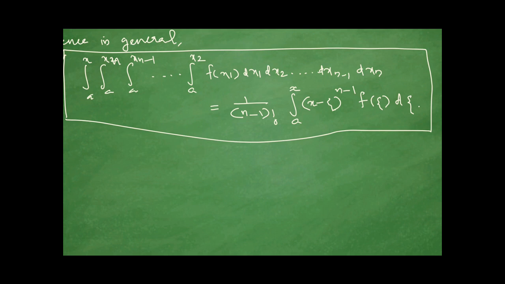On the left side we integrate the function from a to x, then repeat this operation n minus 1 additional times, often represented symbolically as integral a to x, integral a to x, etc., f of x dx dx, etc., up to dxn. In that way also we can represent this.